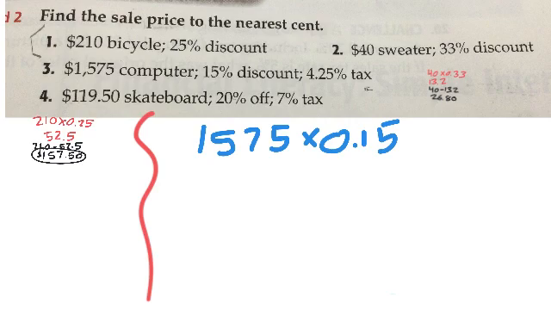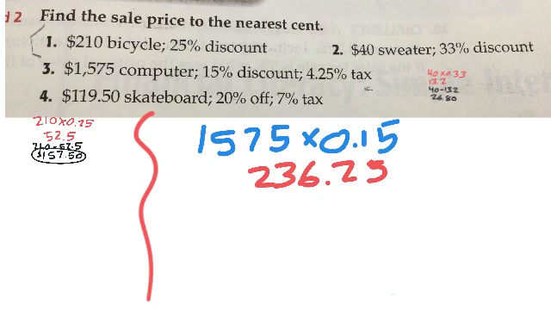Oh, I messed up. Hold on. I knew that those numbers were way off. I multiplied by 0.015. See, I told y'all to be careful? Why didn't somebody tell me that I messed up? I should have got 236.25 as the discount, not 23.625.